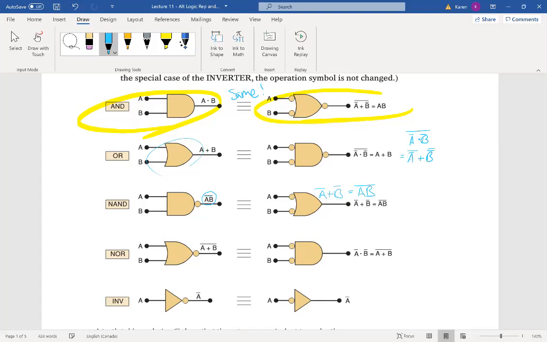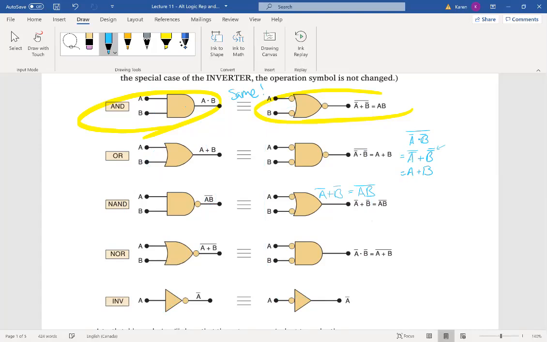Remember, this is De Morgan's theorem from before the midterm. And then we also have a theorem that says if there's a double inversion of the same length, it cancels itself out. So we get A or B, and that's what we wanted because this is an OR gate. So it is the same thing. The gates down this side are the alternate representation of the gates down this side.